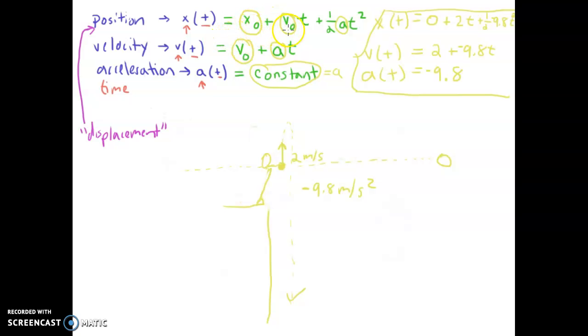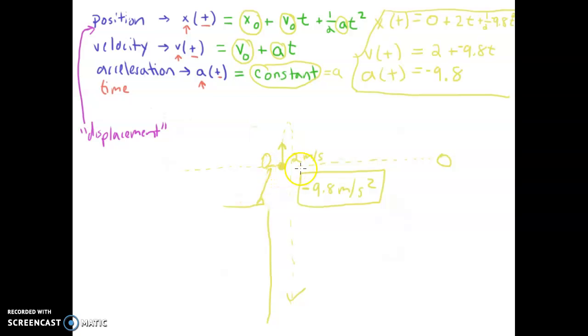How do you get x naught, v naught, and a? Those are usually given in the problem, or in the case of an experiment, that would be from your data. X naught being your initial position, v naught being your initial velocity. So for this person who was throwing the ball, if they wanted their x of t, their v of t, and their a of t, they would know, because they're on Earth, that acceleration is always negative 9.8 meters per second squared.